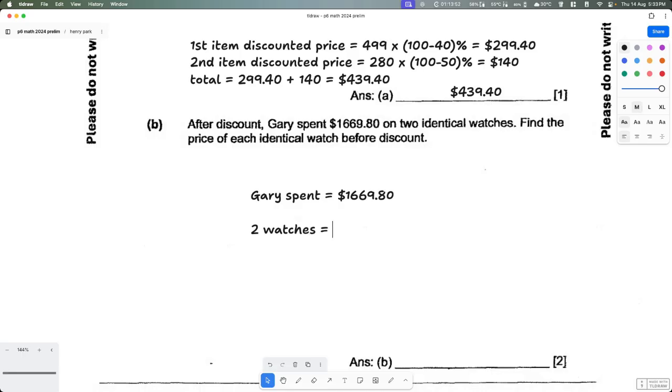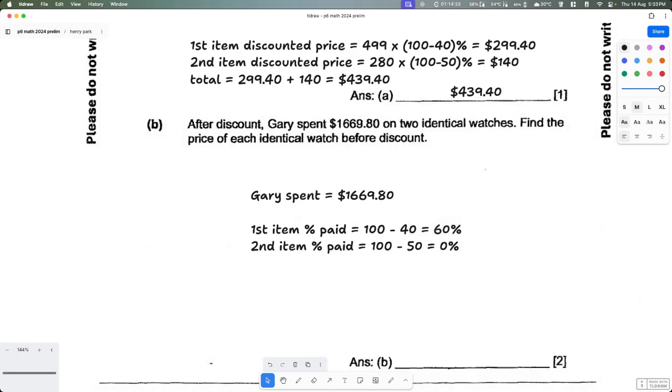The first item percent paid should be 100 minus 40, which is 60%. The second item percent paid is 100 minus 50, so that means 50%.